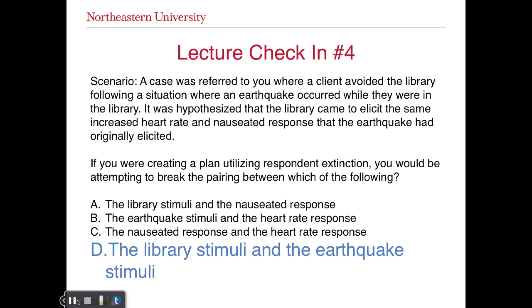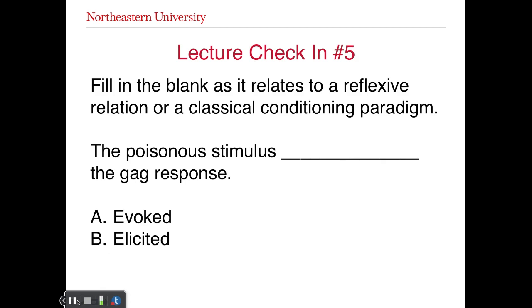And a lot of times, you can't depair a relation, which is a stimulus-response relation. So what you're looking to depair is the stimulus-stimulus relation, that pairing of presentation together of the conditioned and unconditioned stimuli.